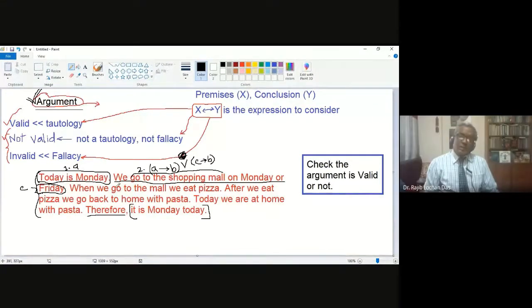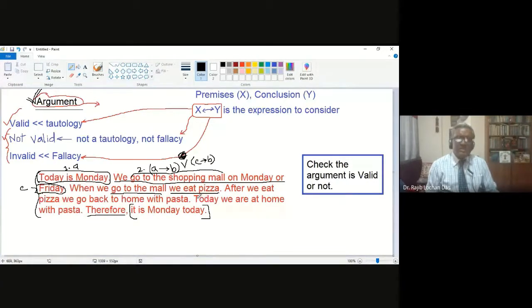Now think about the third sentence. What will be sentence number 3? When we go to the mall, we eat pizza. That means going to the mall is B. It is already there. And we eat pizza, we need another variable for this.